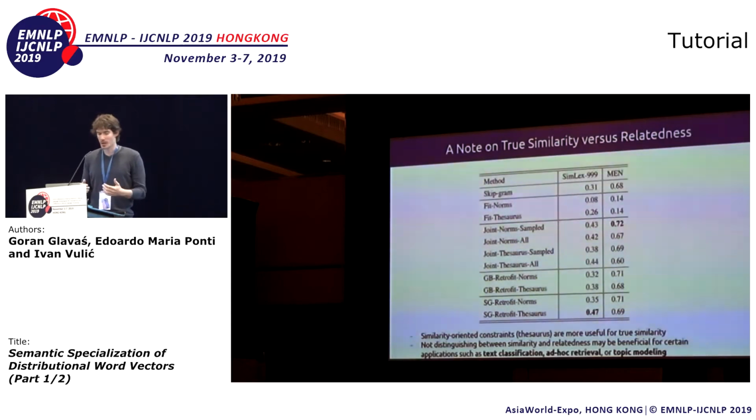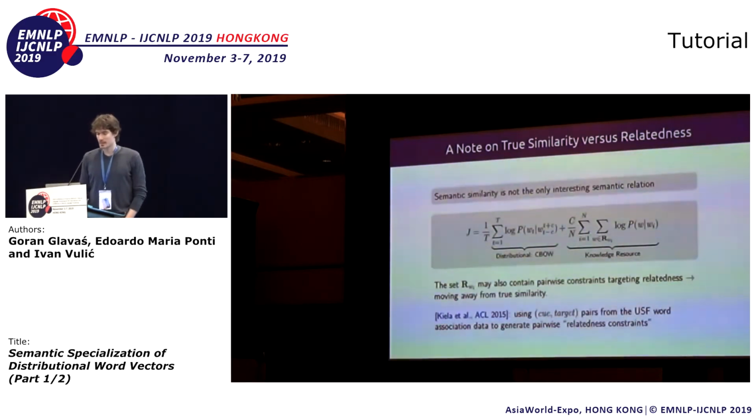And it also, I think, propagated to some of the downstream tasks they had, like text classification or something. And as you see here, this objective is quite general. So as I said, you can plug in any pairwise constraints that capture different relationships and get your specialization for that relationship. That's in theory, and it's oversimplifying, but let's just pretend that it's true.